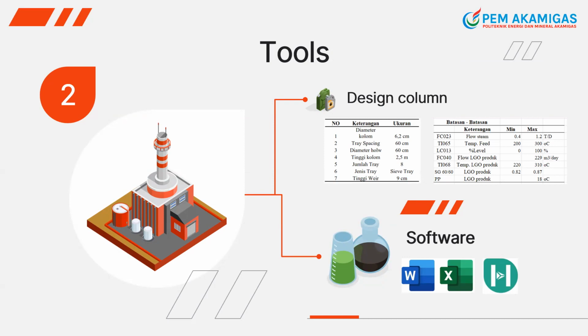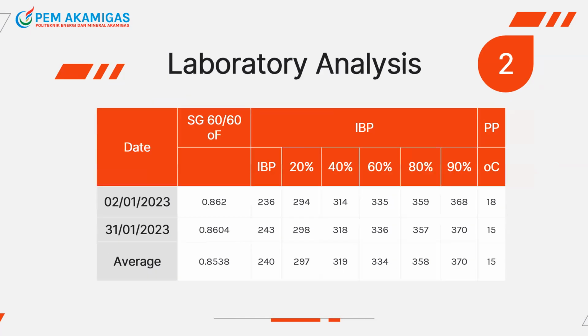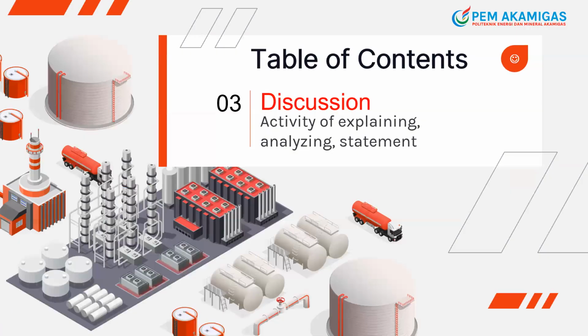We use the software HYSYS and Excel and also Microsoft Word. That is the average of the operating condition of my company, the average operating condition over one month. And that is the laboratory analysis.